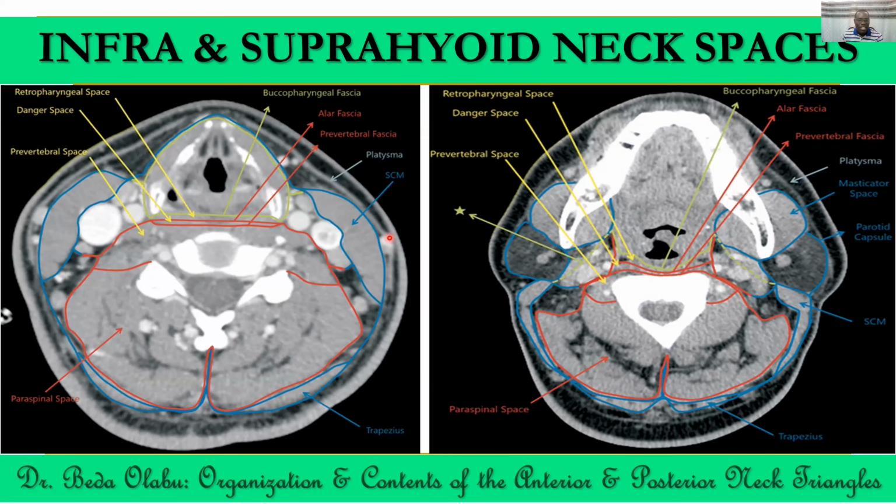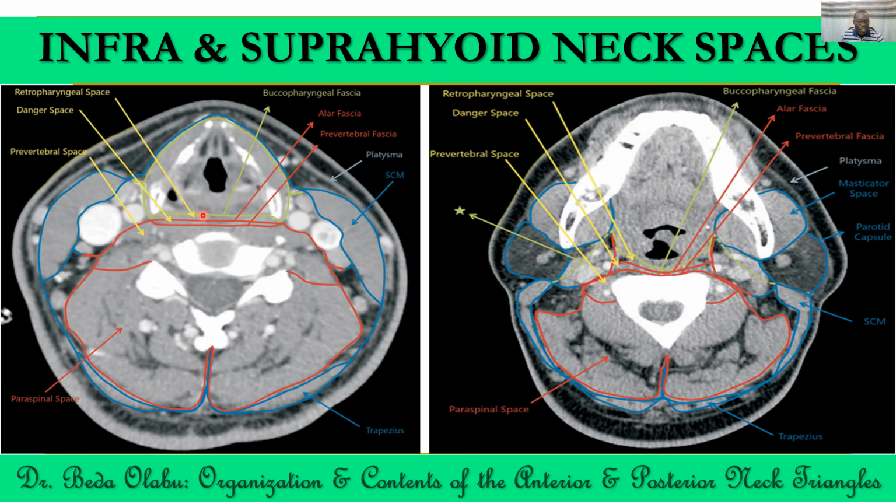Important to note that there are some spaces, like the visceral space in the infrahyoid neck, that we don't talk about at this particular point. The equivalent of it is the pharyngeal mucosal space that we'll talk about. But there are other spaces which are both in the infrahyoid as well as suprahyoid, and actually many of them.